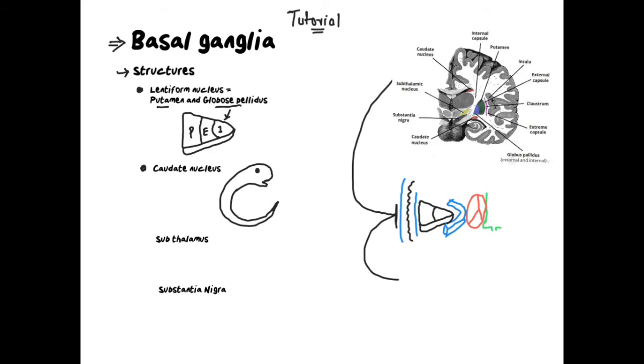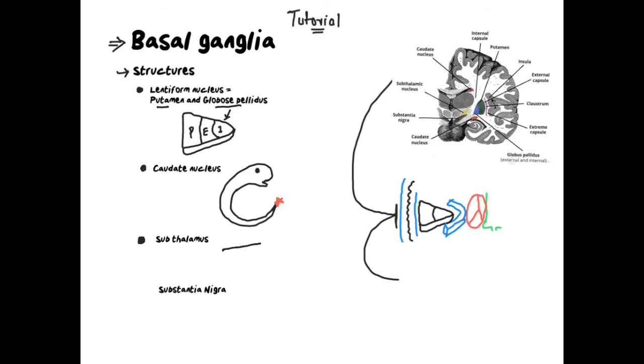At the end of the tail, the caudate nucleus has another structure. It's called amygdala, right? A stands for amygdala. So this is your caudate nucleus, and we have another nucleus here. It's called subthalamus.